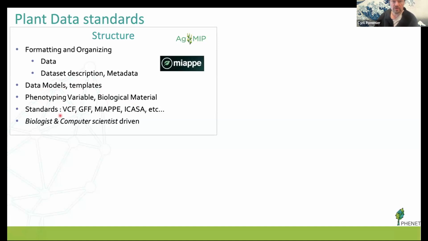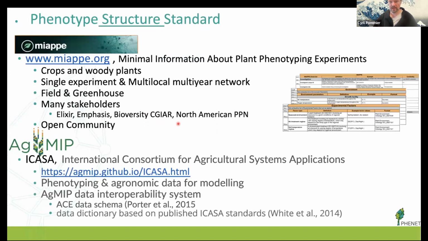And among those types of data standards, you can find VCF and GFF for genetic data, MIAPPE and ICASA for phenotyping. And the last thing I would like to underline is that those data standards are built and maintained mainly through the collaboration between biologists and computer scientists.